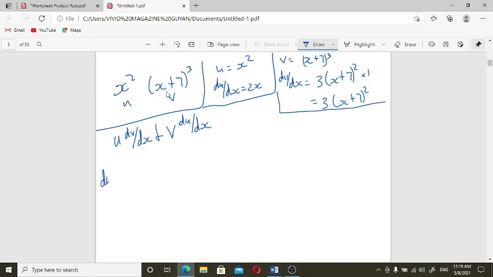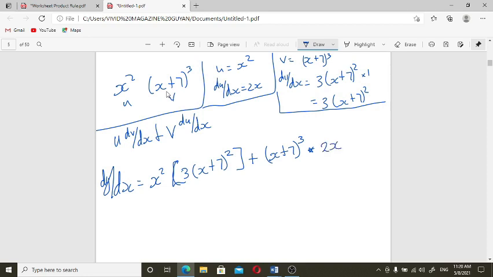So dy upon dx is equal to u, which is x squared, times dv dx, which is 3(x+7) squared, added on to v, which is (x+7) cubed, times du dx, which is 2x.